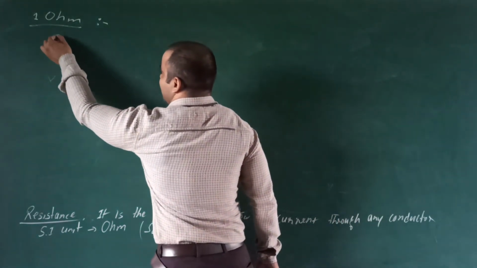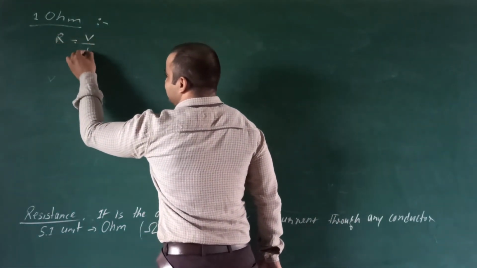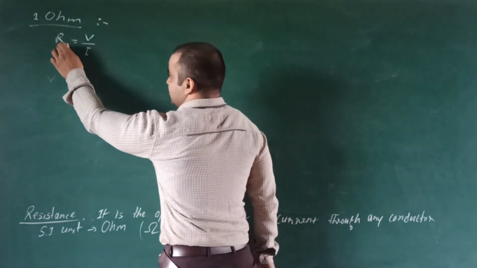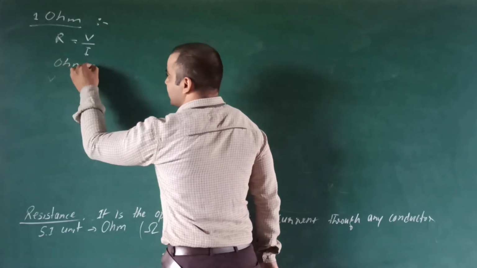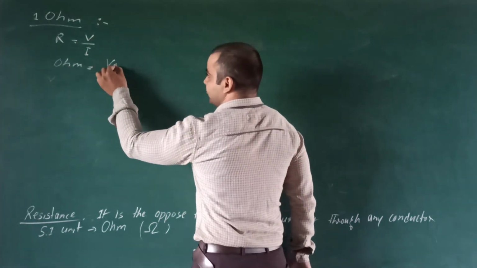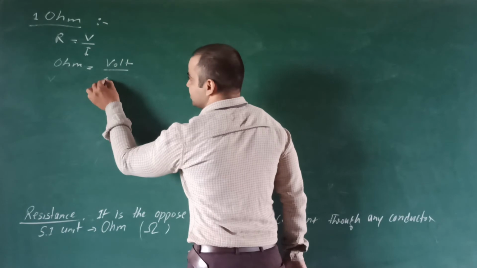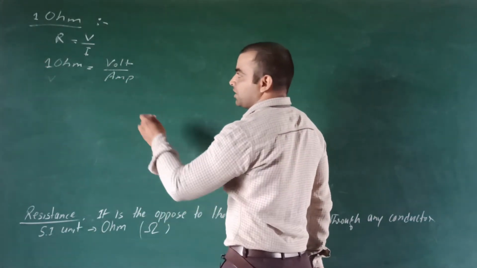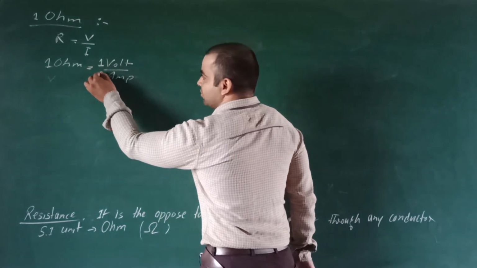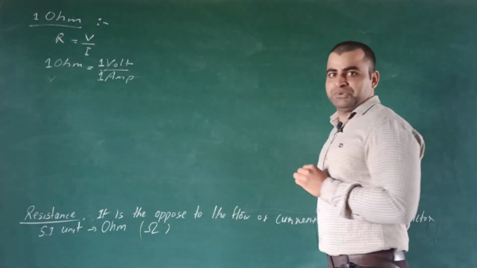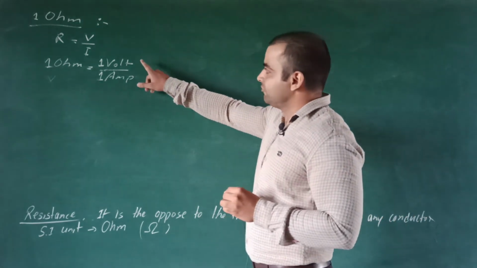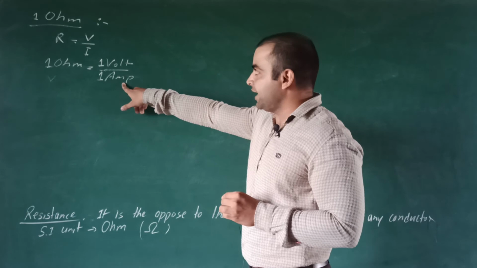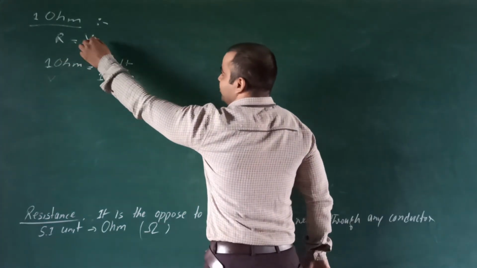From the formula R equals V by I, the unit is ohm, volt and ampere. When will it be 1 ohm? When the potential difference is 1 volt and the current flowing is 1 ampere.